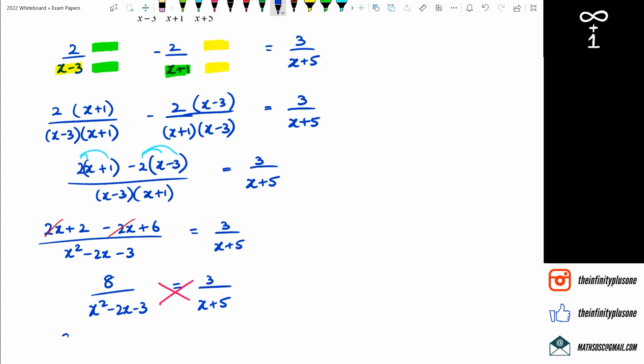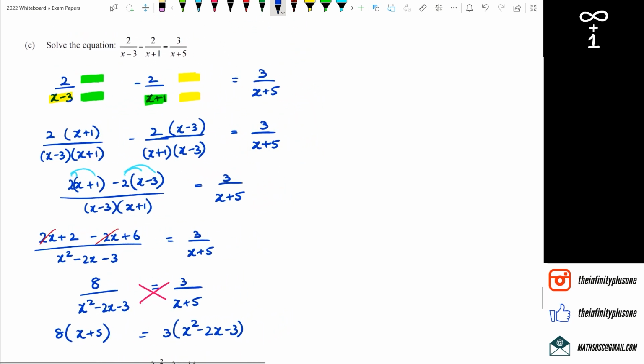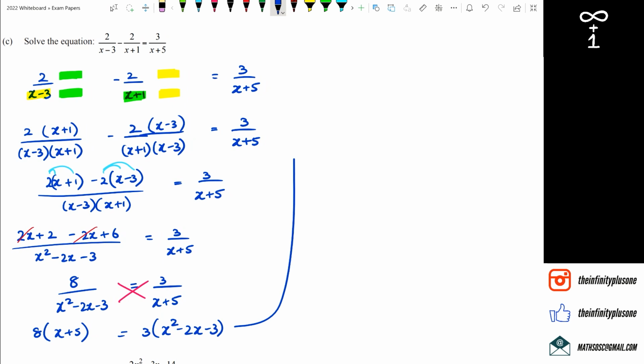And I'm going to end up with 8 bracket x plus 5 equals 3 bracket x squared minus 2x minus 3. Another lot of expanding, but I'm going to write this equation here first so that we don't have to kind of dodge it from the bottom back to the top.